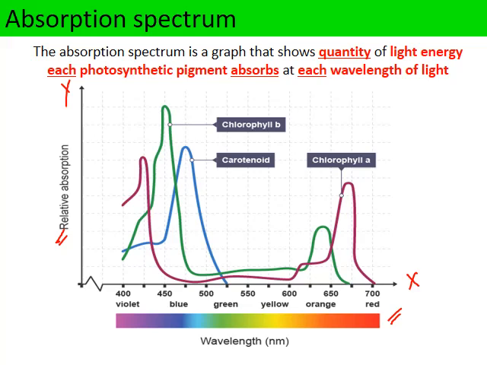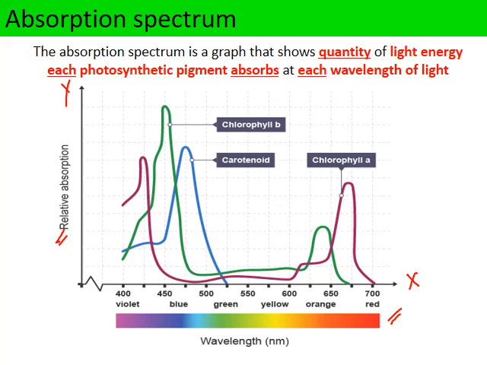Now we know the x-axis represents the independent variable, which in this case is the wavelength of light. And the y-axis on the left represents the dependent variable. And that is the factor that gets measured. So we know the relative absorption on the y-axis represents how much light energy is being absorbed at different wavelengths of light for each of the pigments.